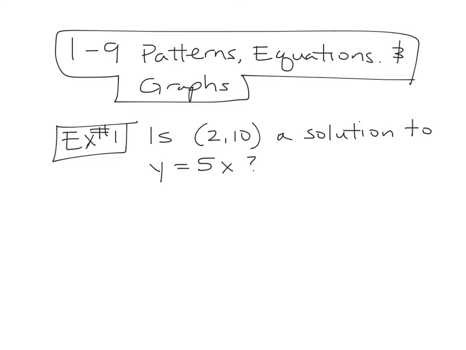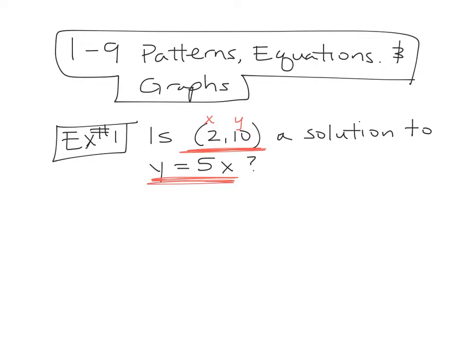I know someone in this room knows this answer. You're just being bashful. What's a point? A point on a graph, right? It's your X and your Y, okay? So 2 is going to be your X. 10 is your Y, right? Okay, so here's the question. It's saying, is this a solution to this?